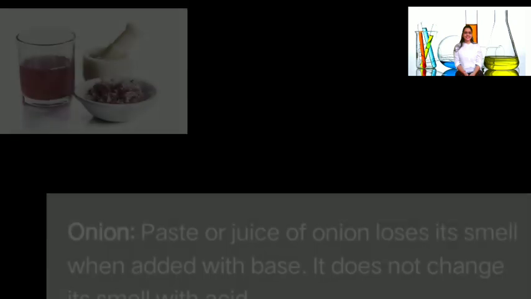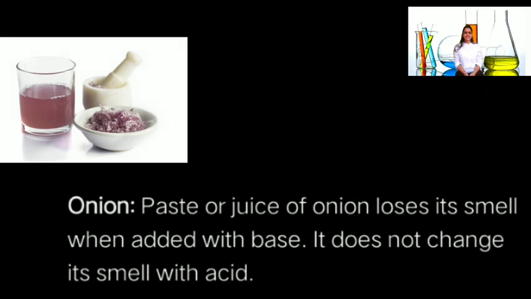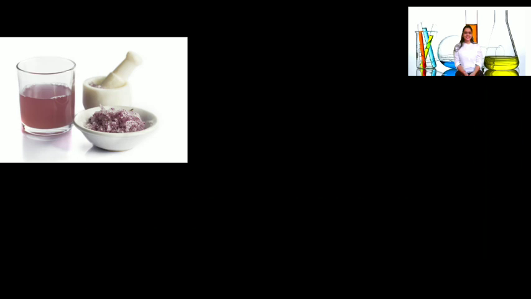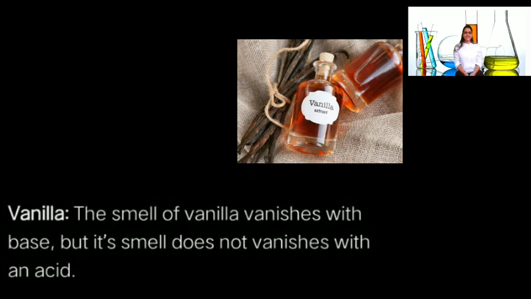Paste or juice of onion loses its smell when added with base, and it does not change its smell with acid. Vanilla: the smell of vanilla vanishes with base, but its smell does not vanish with an acid.